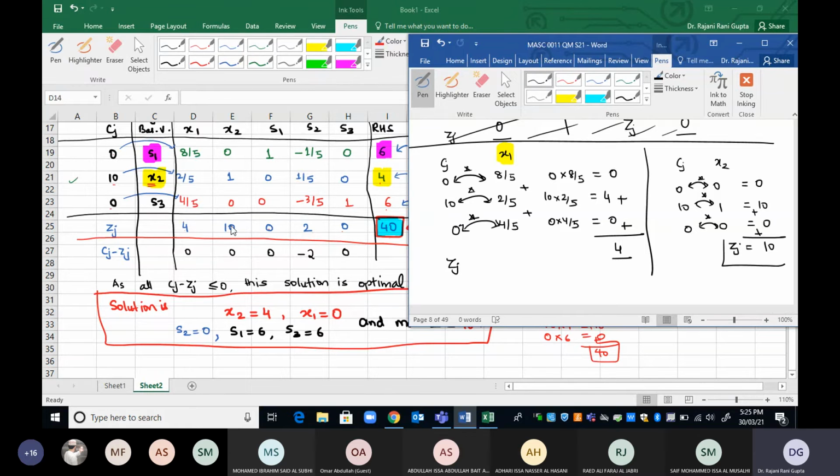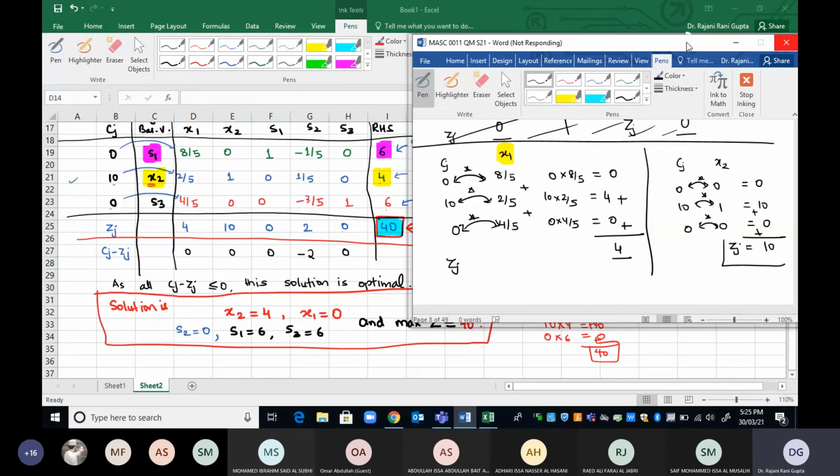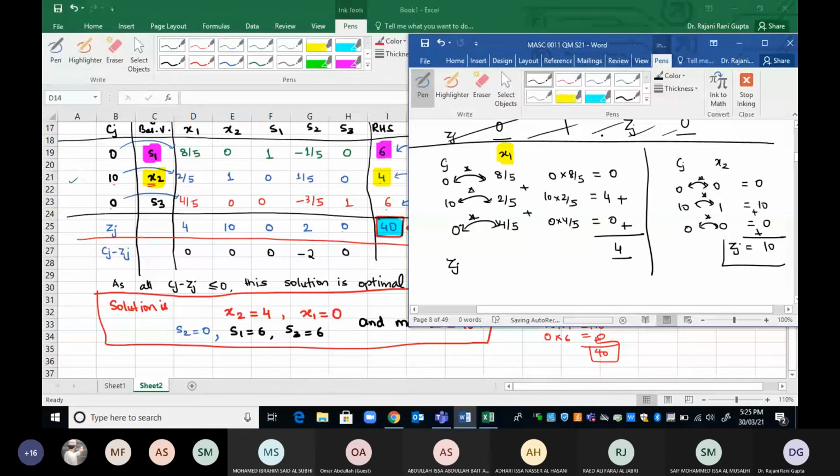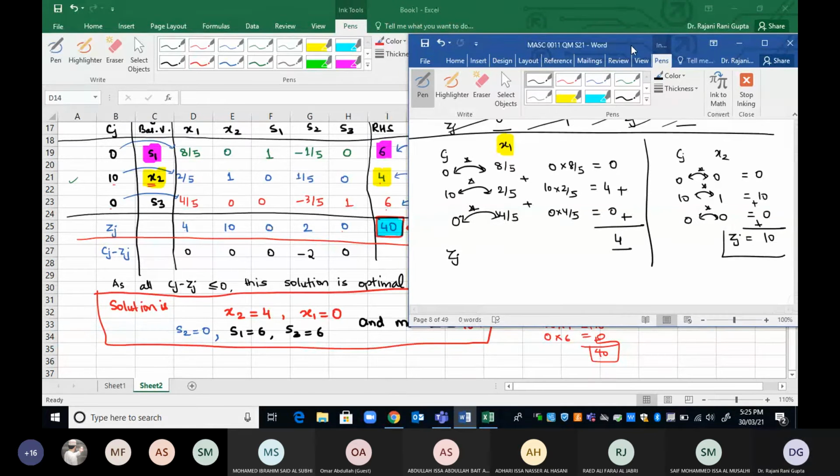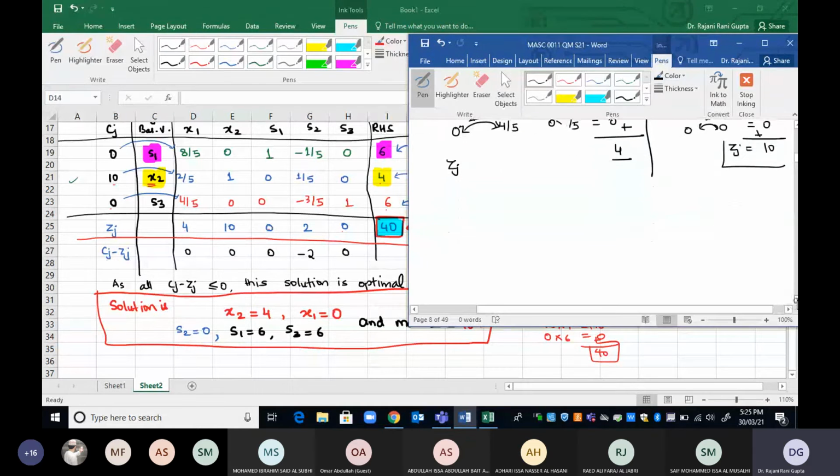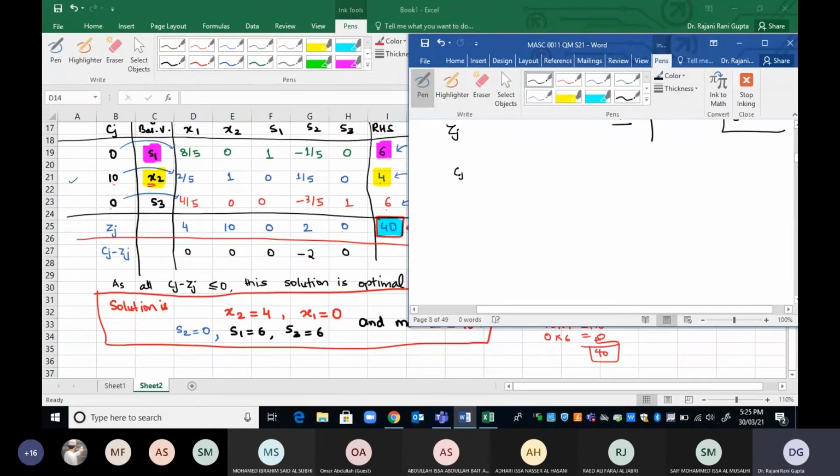Now if we go for the next one, say we want it for S2. Again we have Cj, which is 0, 10, 0. For S1, the numbers are 1, 0, 0.